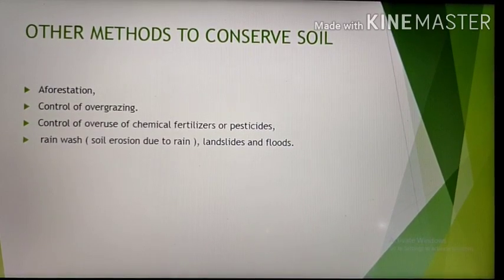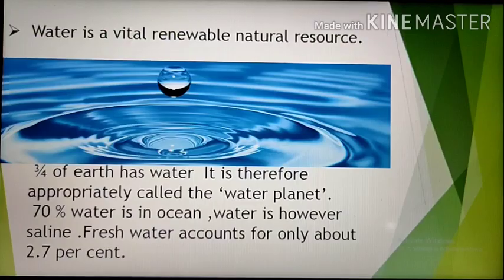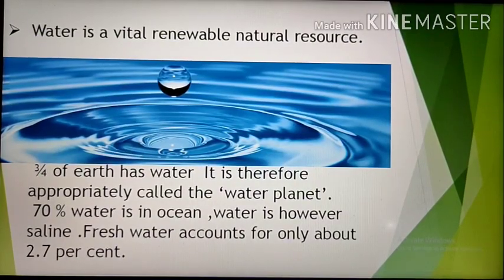Now students, let's discuss our next topic, that is water resources. Now as you all know, water is a vital renewable natural resource. Three-fourths of the earth's surface is covered with water. It is therefore appropriately called the water planet.